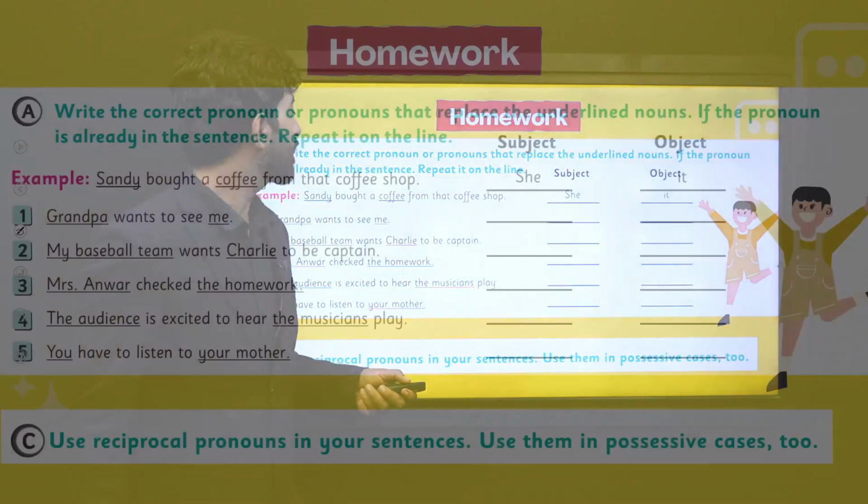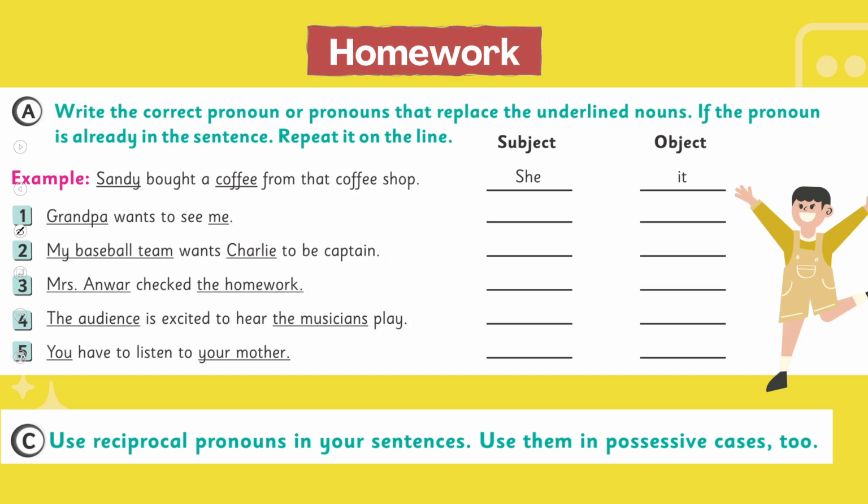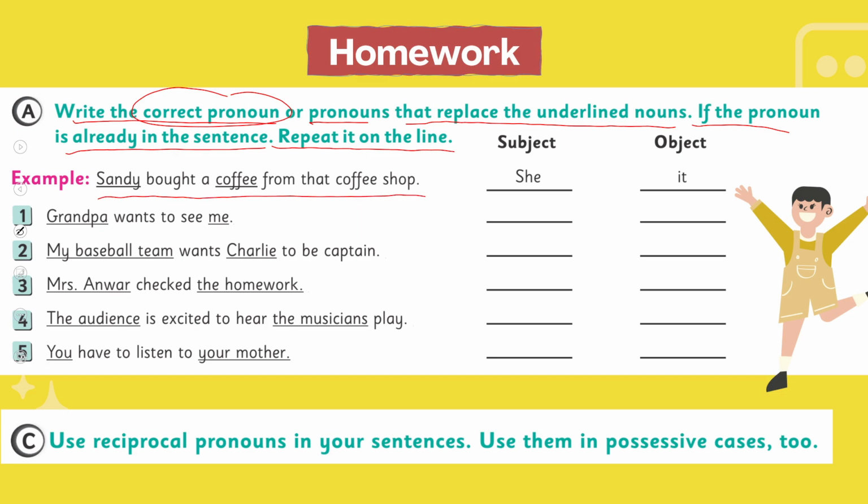For your homework, you have to write the correct pronoun or pronouns that replace the underlined nouns. If the pronoun is already in the sentence, repeat it on the line. For example, Sandy bought a coffee from that coffee shop.